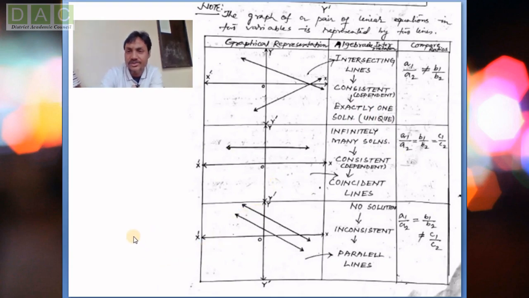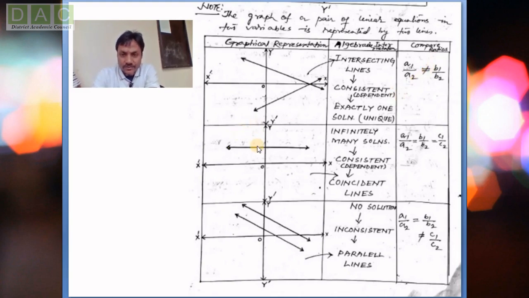For this situation, if we go to the third column, compare ratios, the condition is a1 by a2 not equal to b1 by b2. So these ratios can be compared if the equations are given.